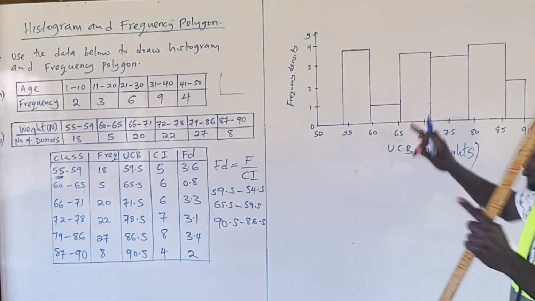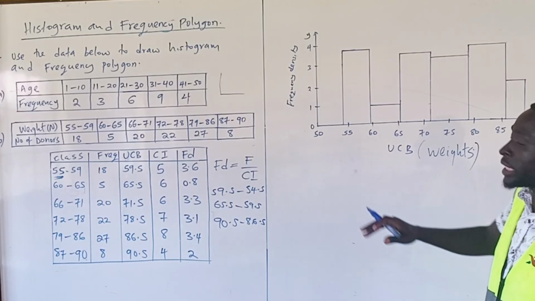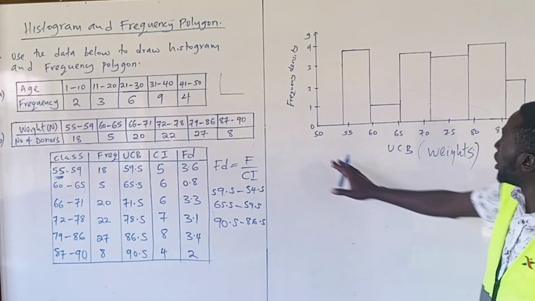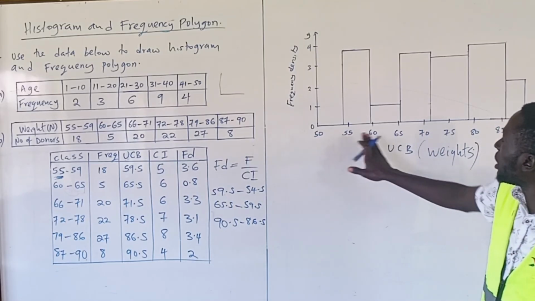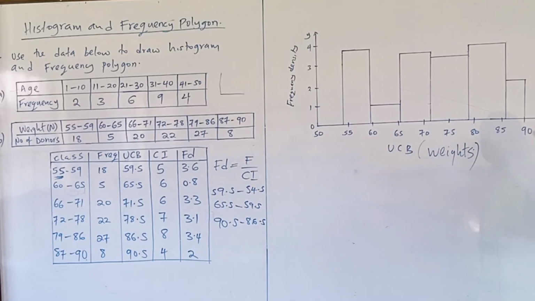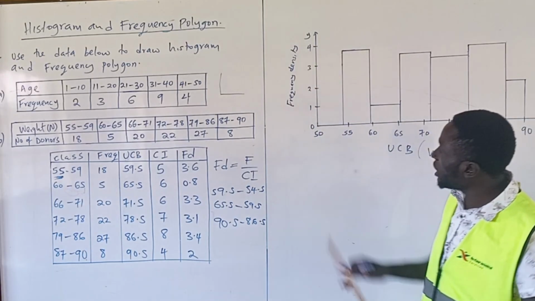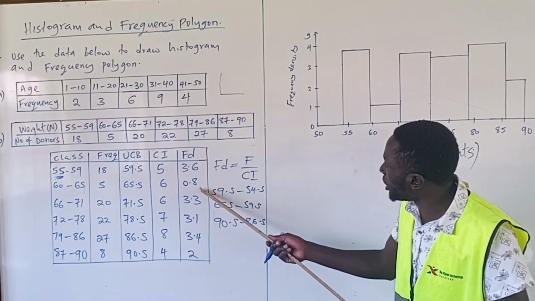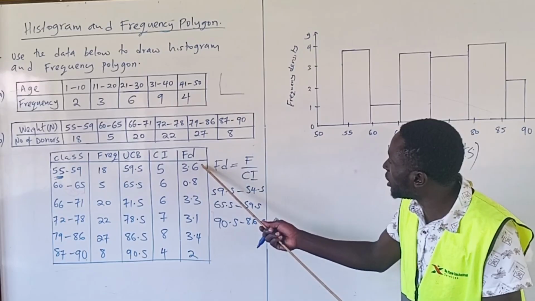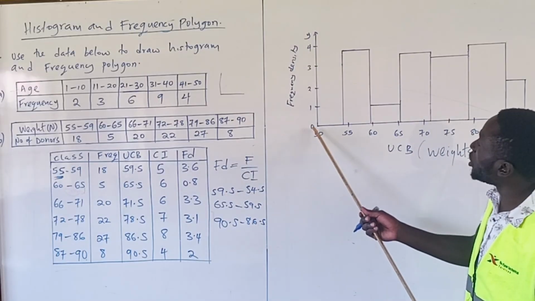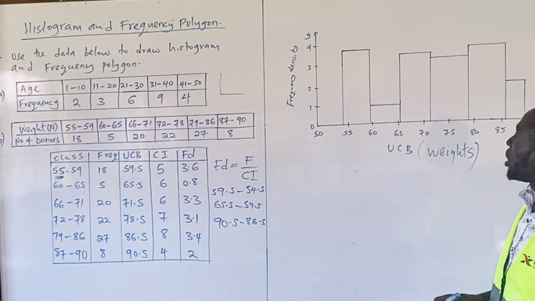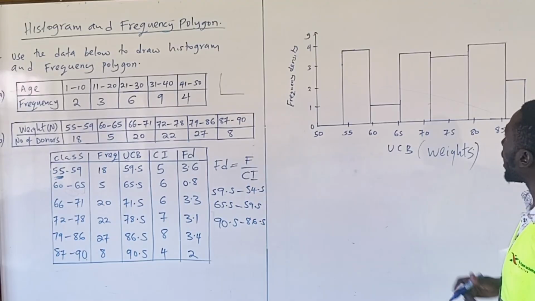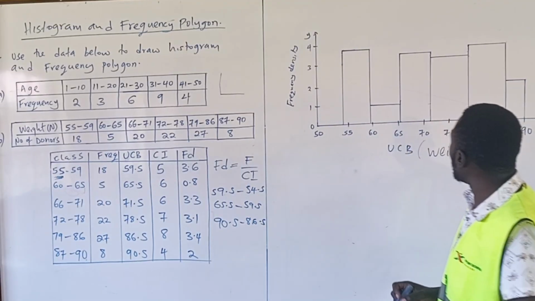Every one box is 5, so it is 50, 55, 60, 65, 70, 75, and so on. On the other side, the smallest value is 0.8 and the largest value is 3.6, so we can use a scale of 1 for every square.